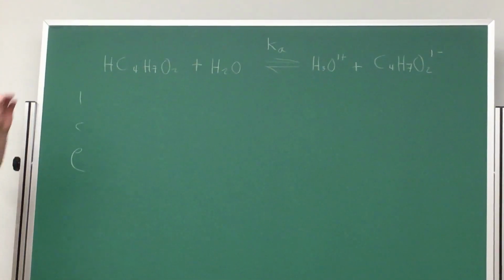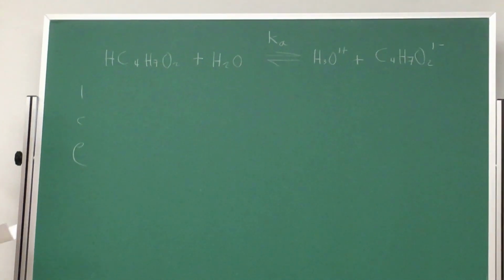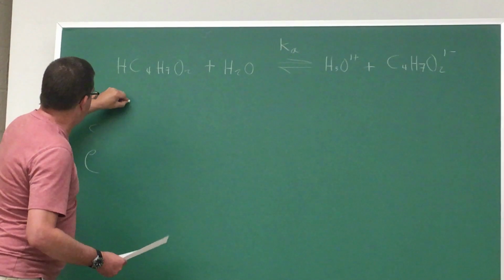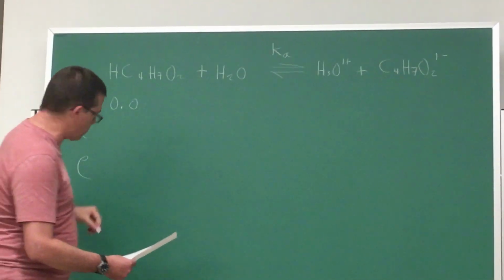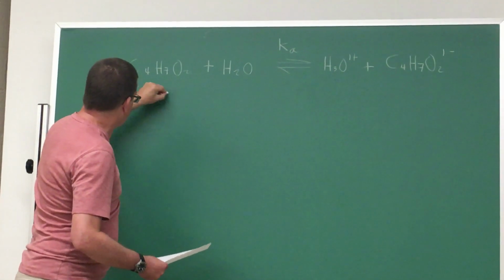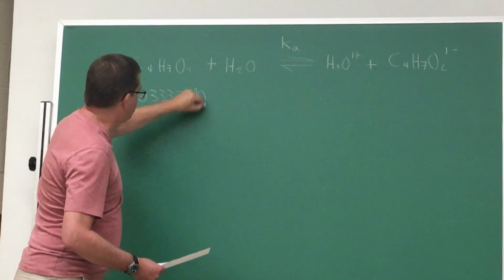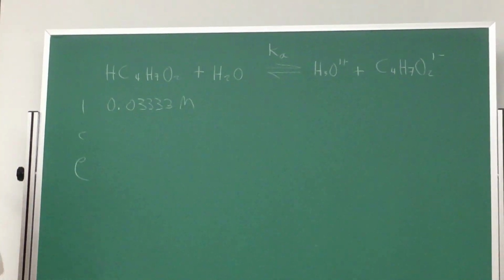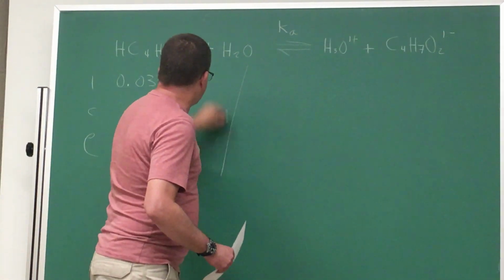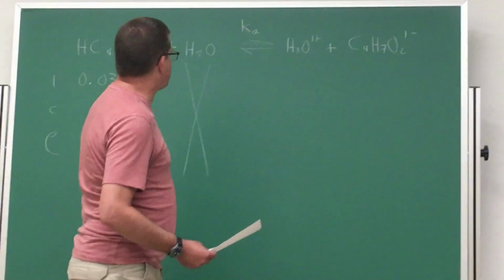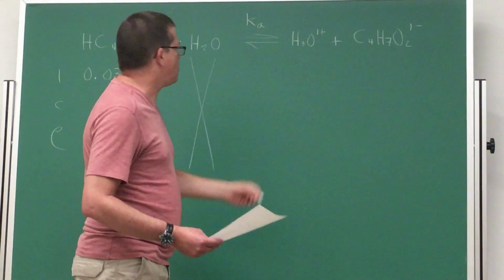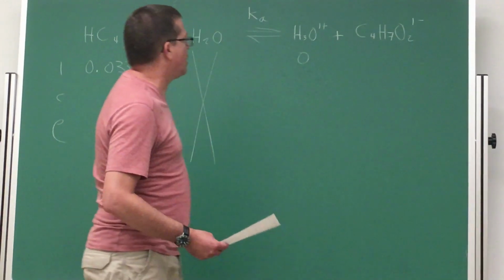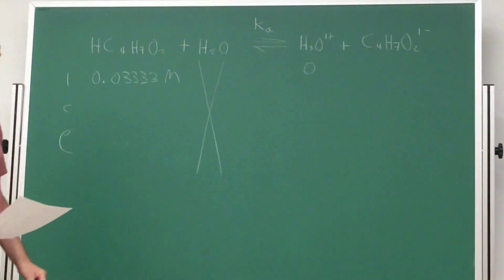For the acid, I need 0.001 divided by 0.03. And I've done that. You get 0.03333 repeating. That's a molarity now, so I'll put a molar there just to remind ourselves that's a molarity and not a number of moles. Water we don't worry about. Hydronium ion, have we made any of that yet? No, we haven't. But I do have a concentration of the conjugate base.